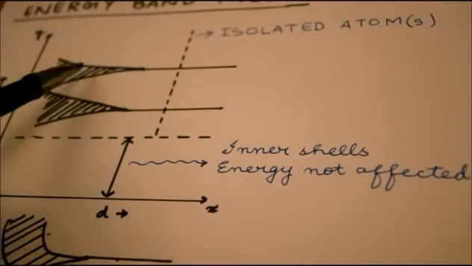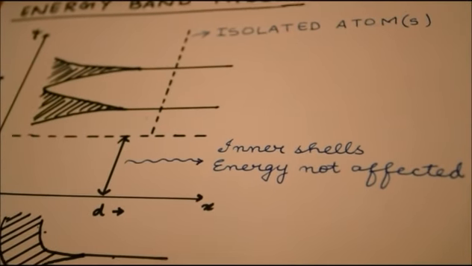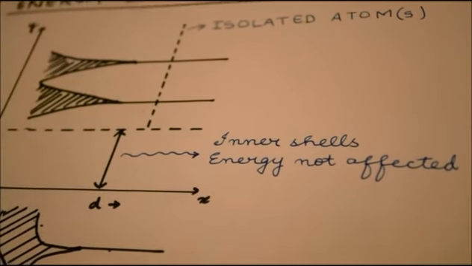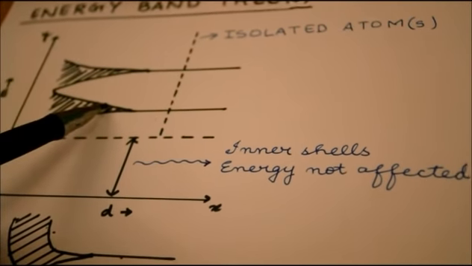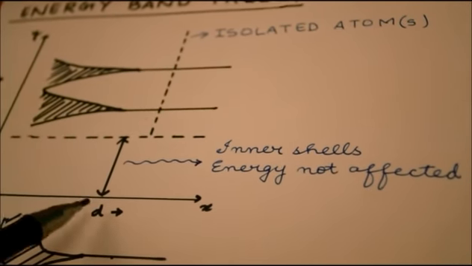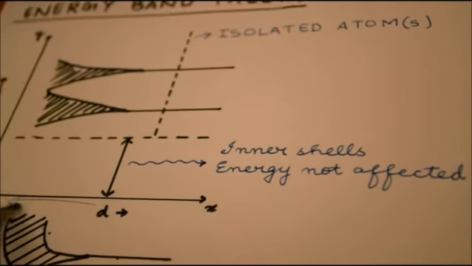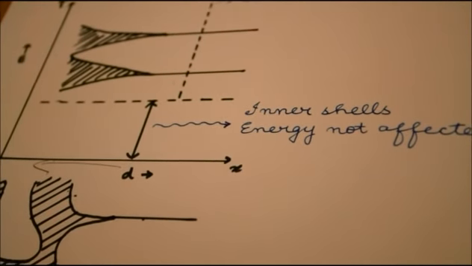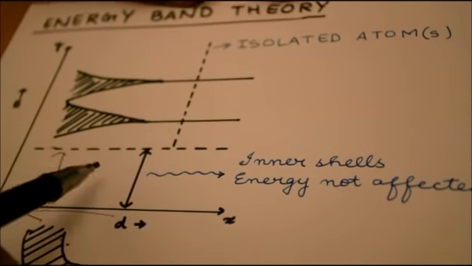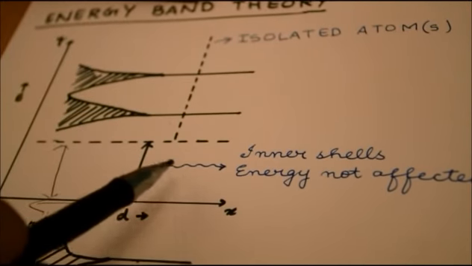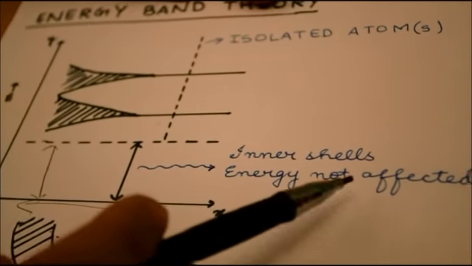When two atoms are being joined together, the probability of finding an electron in that space keeps increasing as we decrease the interatomic distance d. Then we see that there is a big gap in between here. This actually shows the inner shells, whose energy is not affected.